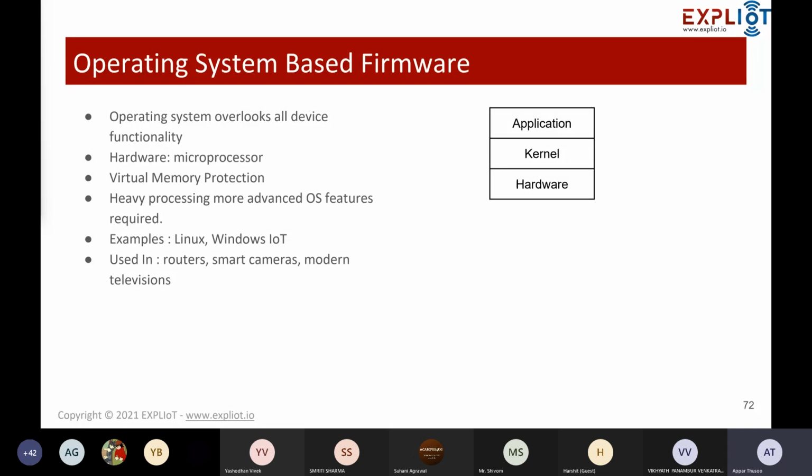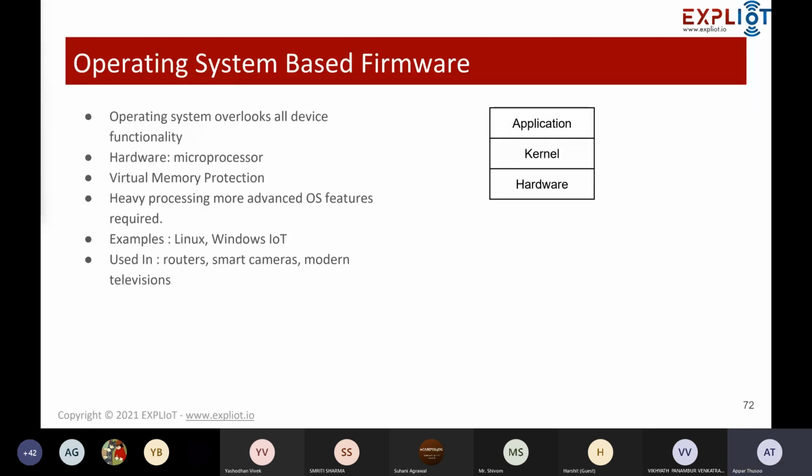It is something similar to that. Again, the hardware is a microprocessor where it is implemented, as opposed to the previous one, the bare metal one, which usually runs on microcontrollers. This is more specific towards microprocessors, since a lot of computation goes in when you are talking about a full-fledged OS.